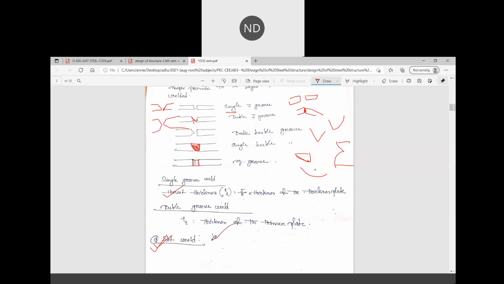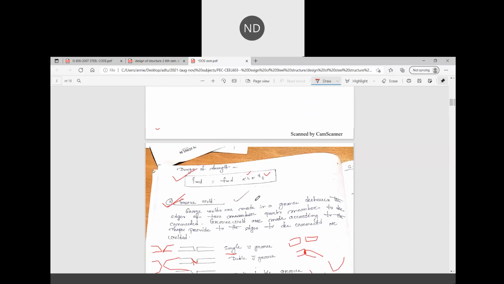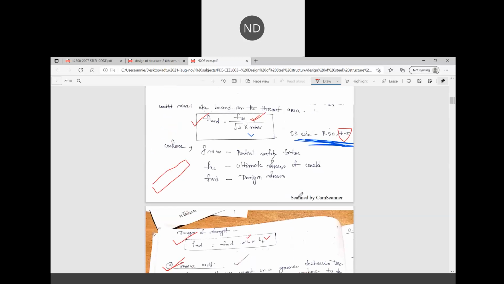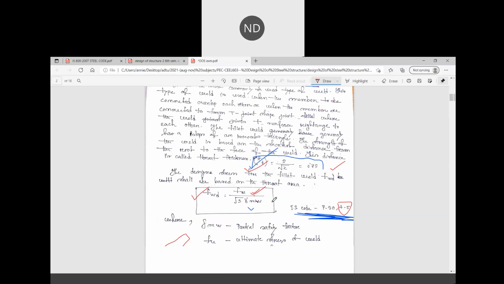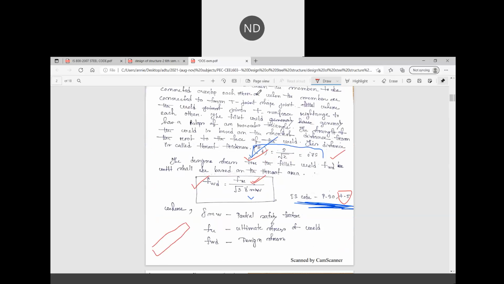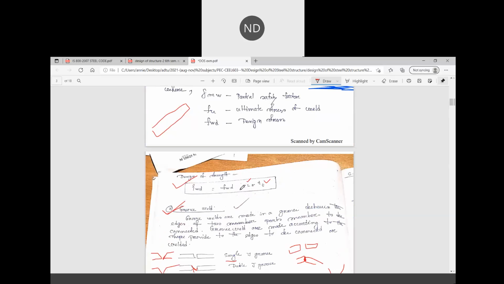I think when we do these problems on groove welds, we'll go on that. But since we'll start with the fillet welds, so that you can understand properly. When you are doing the fillet welds, you know how you have to design: throat thickness 0.7 s, f_w design stress fu by root 3 gamma mw, design strength equals design stress into length into throat thickness.